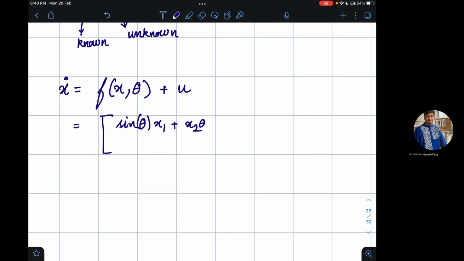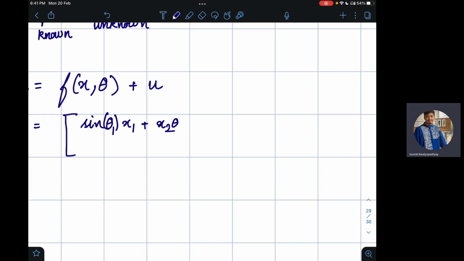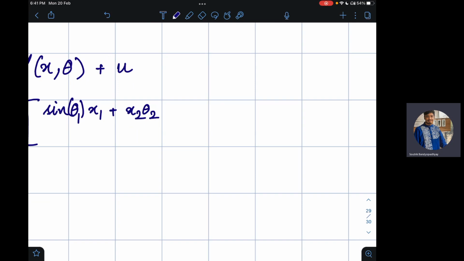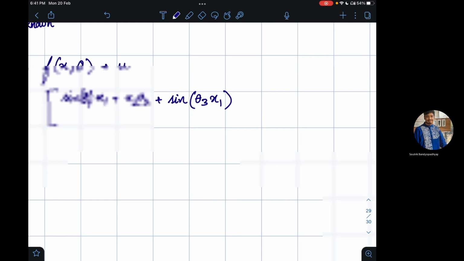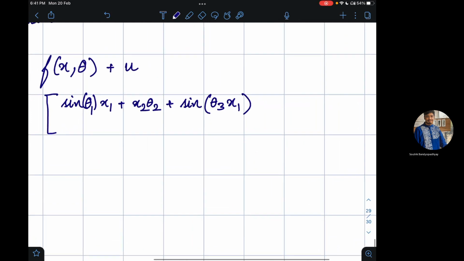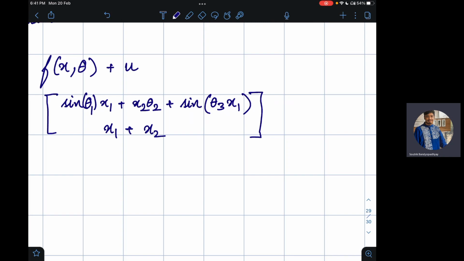So we had some theta 1, theta 2 parameter, and this can be, let's say, x1 plus x2 plus some u, right?